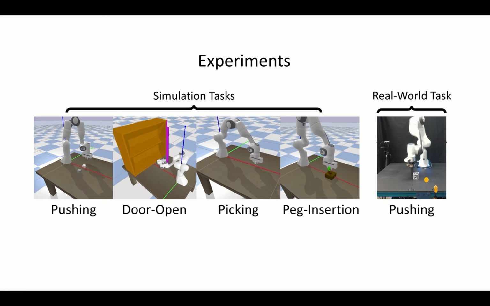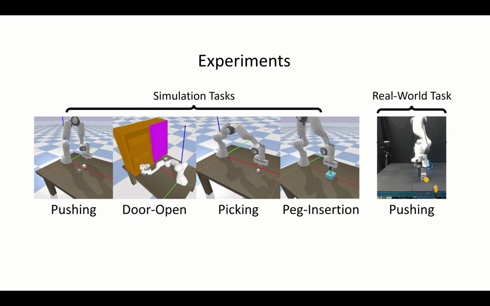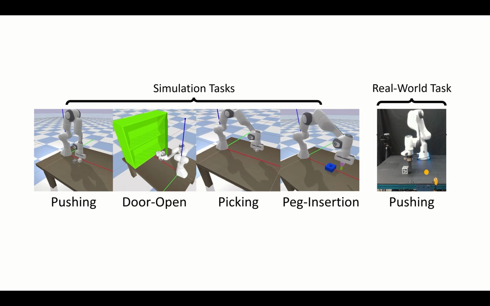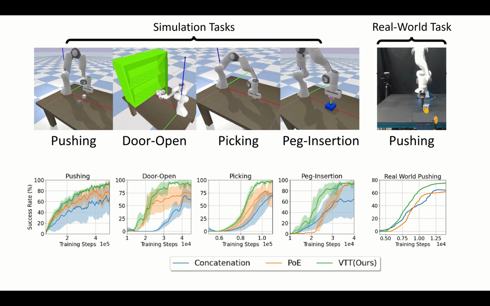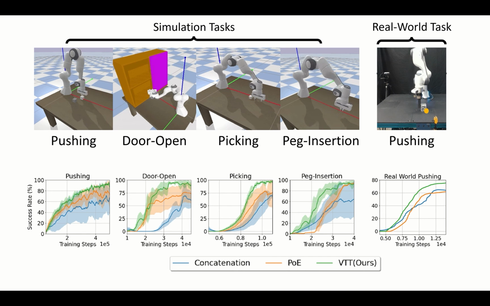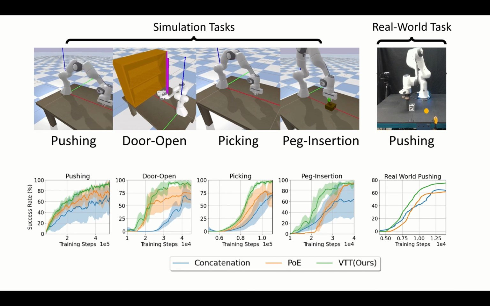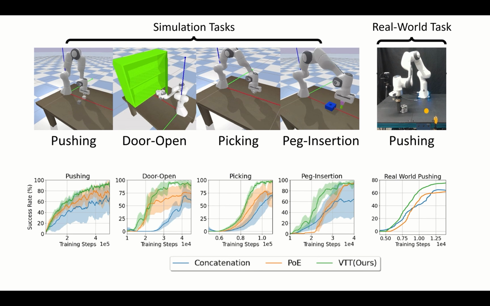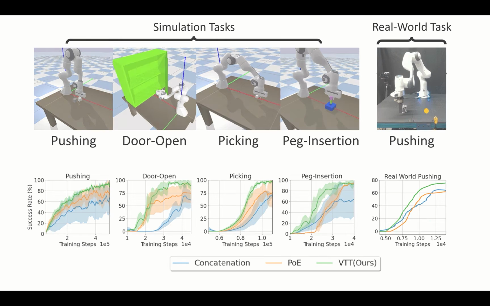We benchmarked our approach against 2 state-of-the-art multimodality representation learning frameworks, concatenation and products of experts. The results of our experiments show that in simulation VTT achieves higher sample efficiency in all tasks and a higher success rate in all but the peg insertion task, where it achieves a comparable success rate to the products of experts baseline. In the real-world task, VTT outperforms both baselines.